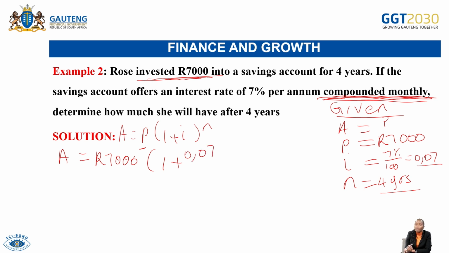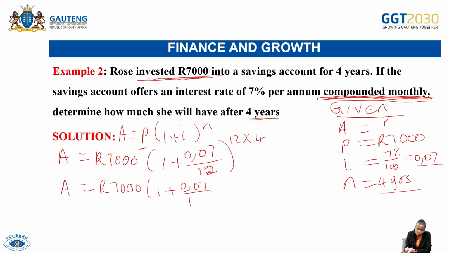But now the compounding periods have changed to be monthly. So it means your interest will be received each and every month, so you need to divide by 12. And then the exponent is going to be 12 times the number of years, which is 4. Right? So your A will be equal to 7,000 times 1 plus 0,07 over 12 to the exponent 12 times 4, which gives 48.